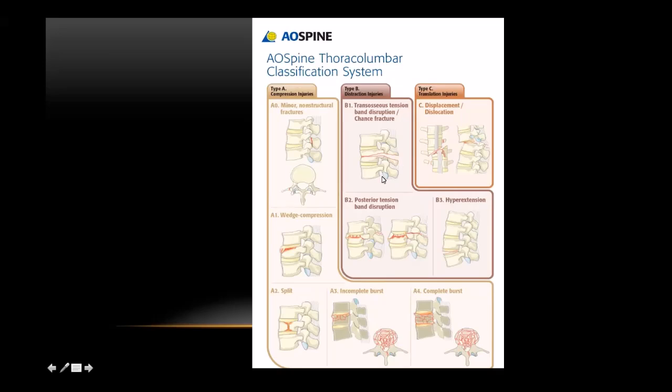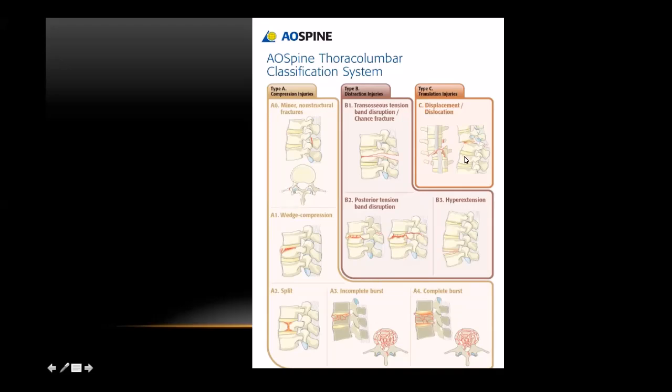And B has 3 subtypes: pure bone injury, which is B1, chance fracture; bony and ligament injury, which is B2; and hyperextension injury. The hyperextension injury is very rare. You'll hardly see it in your practice. It's not common.